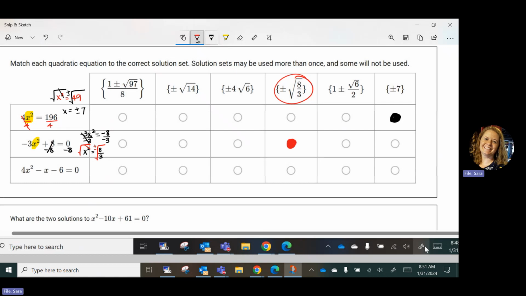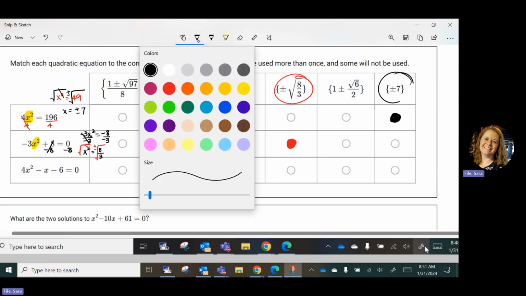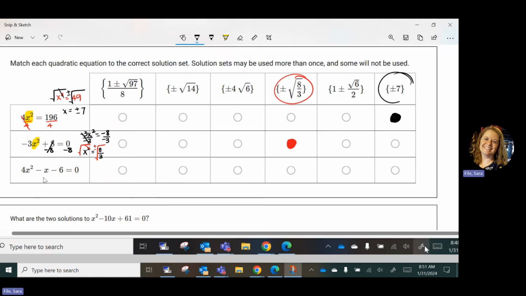All right. I'm going to circle this one since I circled that one. Last but not least, looking at the third equation down here. Is this one that we can use the square root method on? Is it the same format as these two where there's an x squared term but not an x term?